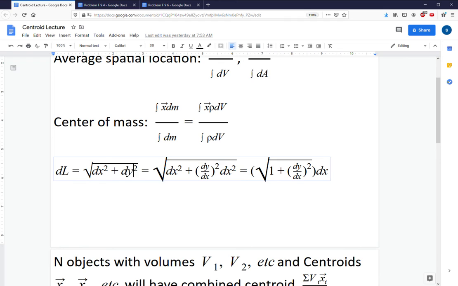We can use the chain rule to say that dy is equal to dy/dx times dx. And then we can pull this dx squared out, both of them outside the square root. So dl is equal to the square root of 1 plus (dy/dx) squared, times dx.